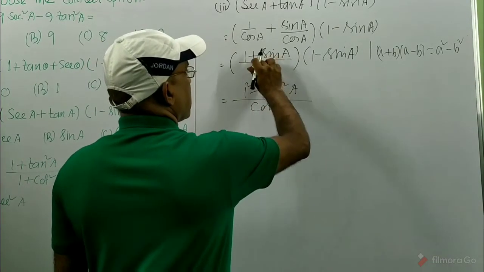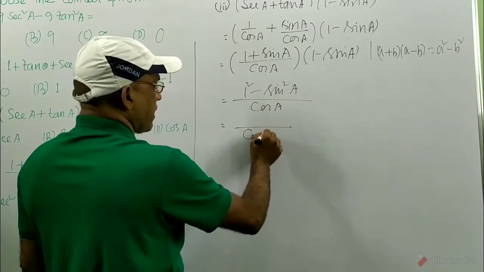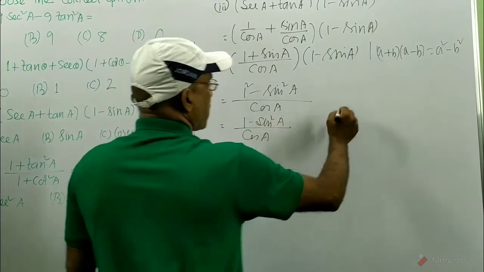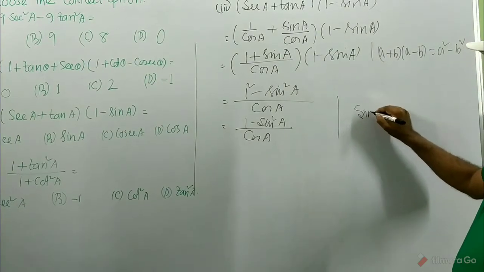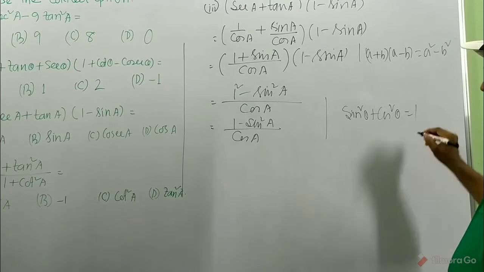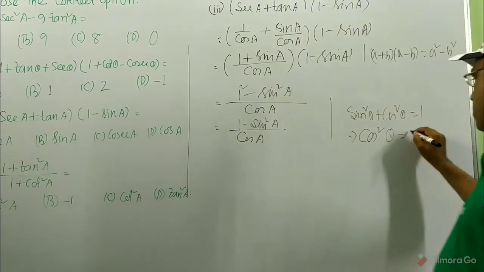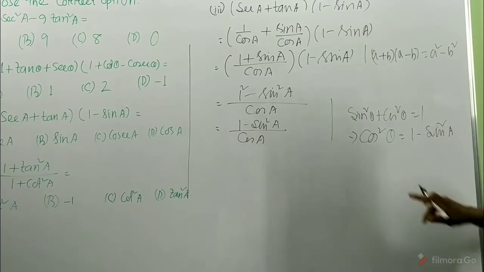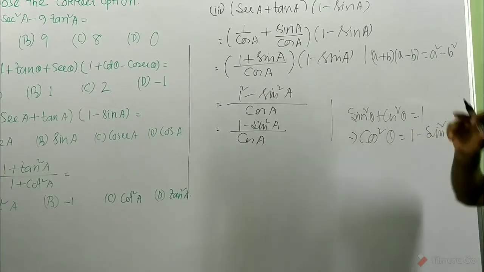So this is 1 minus sin square A over cos A. We know the identity sin square theta plus cos square theta equals 1, so 1 minus sin square theta equals cos square theta.